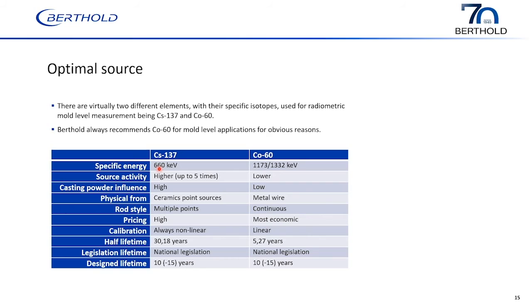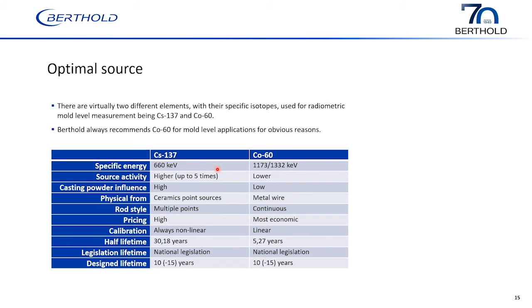If we look at the specific energy, we see that the gamma ray from cobalt-60 has about double the energy compared to a gamma ray from cesium. So 660 here, and you have 2 different levels for cobalt, which are about double that of cesium.